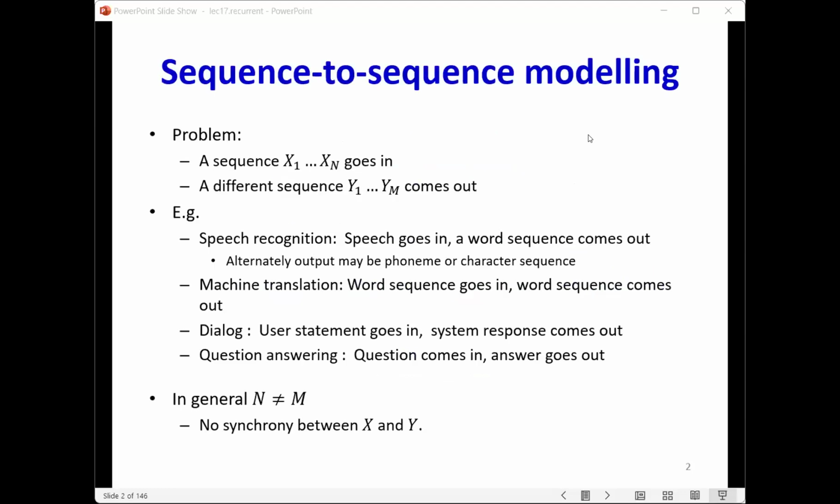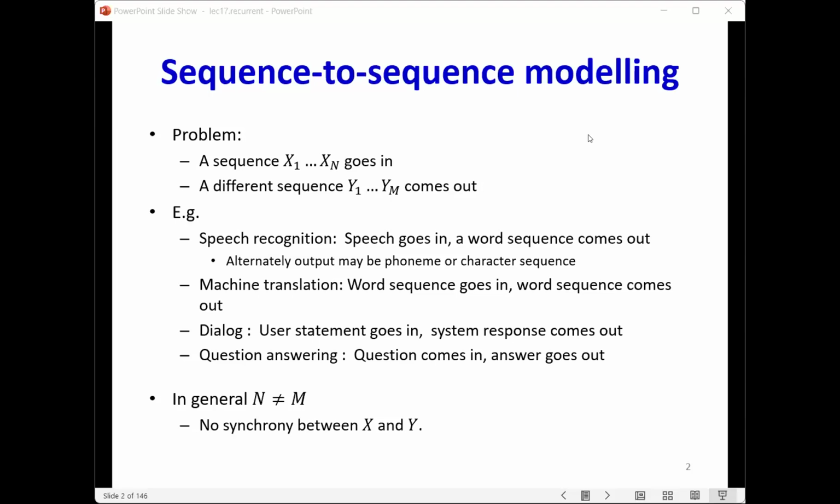So here's what the sequence-to-sequence problem is. A sequence of symbols x1 through xn goes in. A different sequence, y1 through ym, comes out. Speech recognition is an example where speech goes in, word sequence comes out. Machine translation, a word sequence goes in, a different word sequence comes out. Dialogue systems, a user statement comes in, a system response comes out.